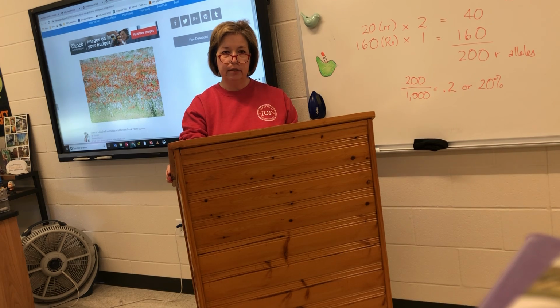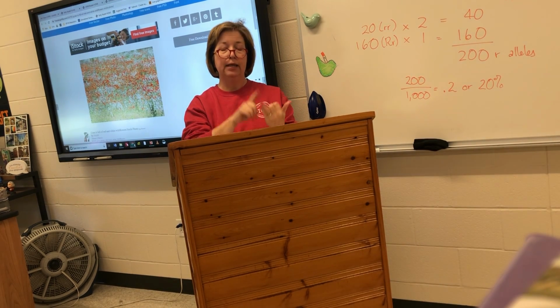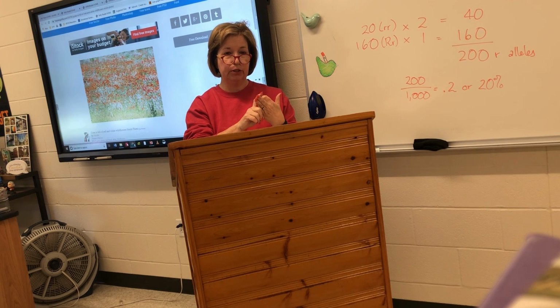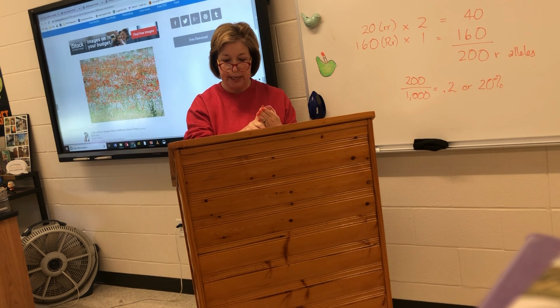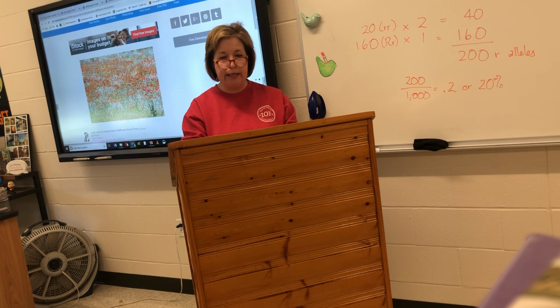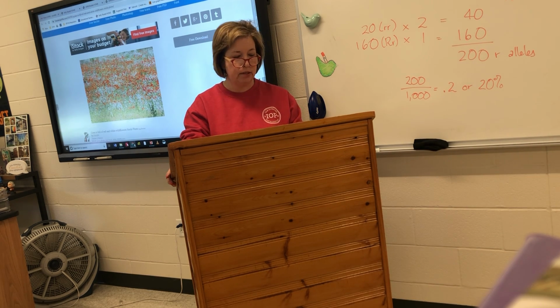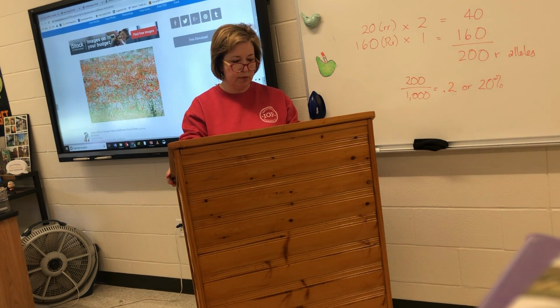So it assumes no mutations, it assumes large population, it assumes isolated population, it assumes random mating, and it assumes that survival and reproduction is equal for all individuals. Remember, we said that the genes aren't going to have any effect on survival and reproduction. So everybody is equally likely to survive and reproduce. Well, we know that's not true in the real world, but in this situation it is. That's what Hardy-Weinberg works on.